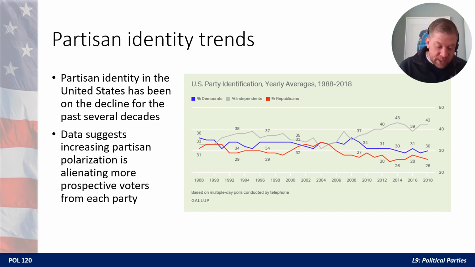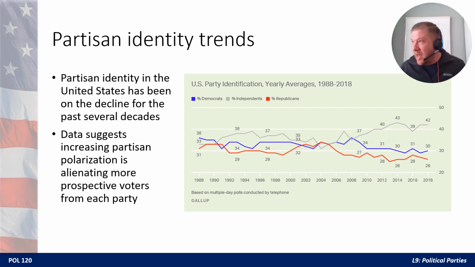The problem is our political system is increasingly looking like something like this, where our actual politicians, our representatives, our members of Congress, are more likely to be on the ends, with very few moderates in the middle.